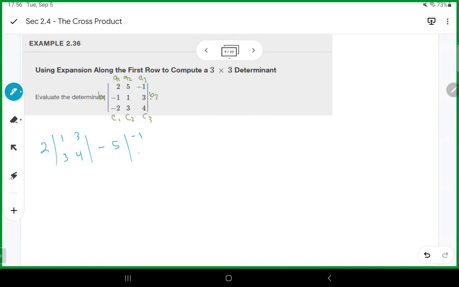Then minus 1, negative 2, 3, 4. And then the next one is minus because it would be a plus, but the 1 was negative. So just keep that in track for yourselves. And that'll be negative 1, negative 2, 1, 3.